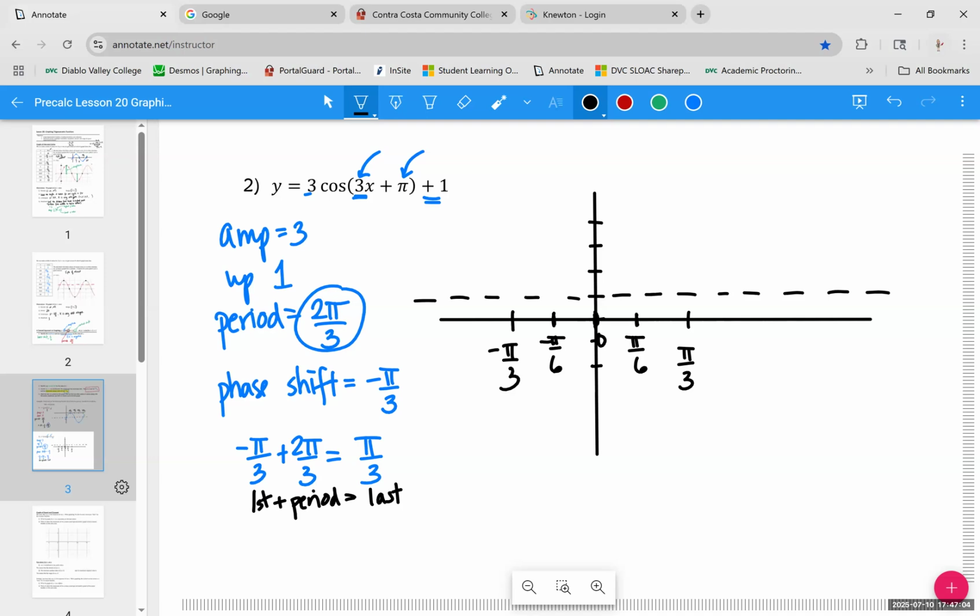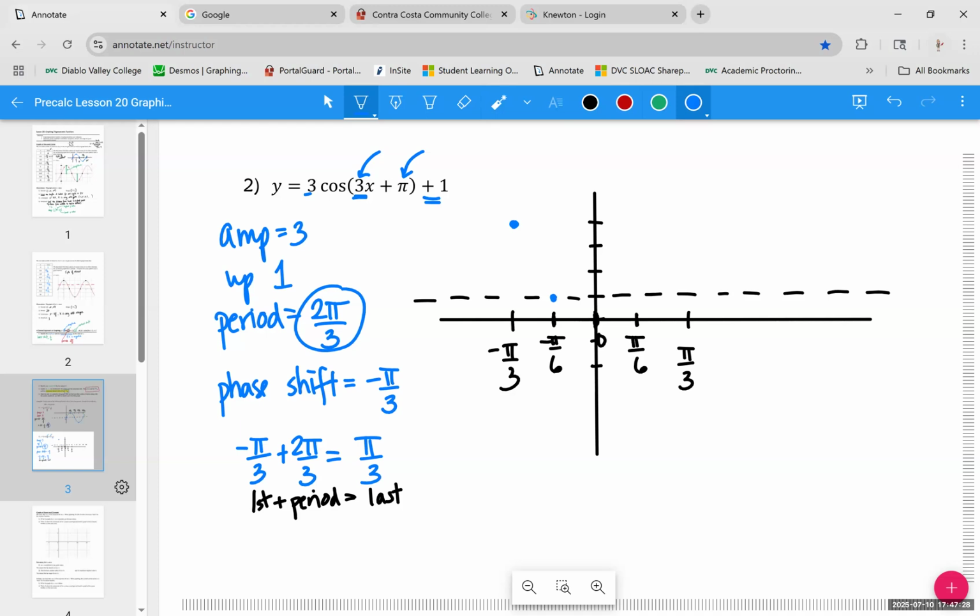Okay, so now I'm going to draw on my curve. I know that cosine starts at the top of its hill. So this is the new x-axis. It needs to go up 3. So my cosine is going to start up here. Then at the next x value, it hits the 0, which is the new x-axis dotted right there.